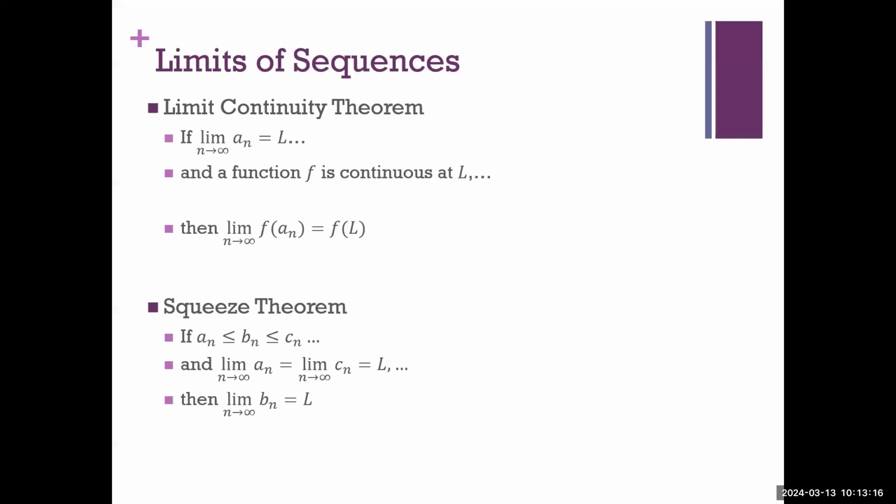I'm graphing these as solid lines, but we know they can't really act like that. Here's A, here's C, and I don't know what B looks like, but I know it's always between them. If A and C have the same limit, then what does that say about the limit of the one that has to be in between them? It has to have the same limit as well.